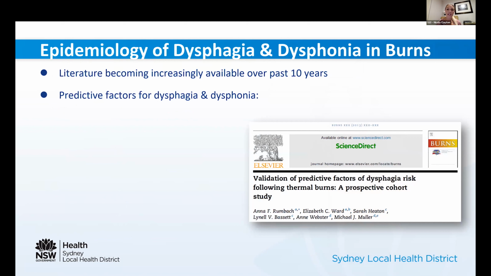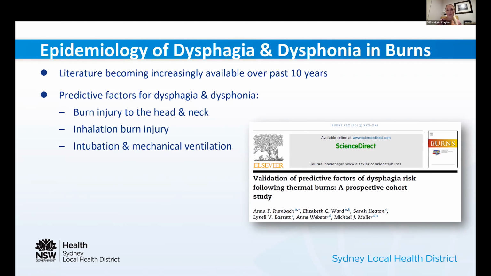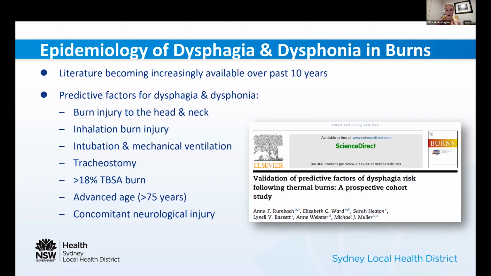So literature is becoming increasingly available over the past 10 to 15 years specifically, and we have predictive factors for both dysphagia and dysphonia in the adult burn patient. Burn injury to the head and neck region, the presence of inhalational burn injury, the presence of intubation and mechanical ventilation, tracheostomy, if they have a burn greater than 18% total body surface area, if their age is beyond 75 years, regardless of the location of burn, and if they have an associated neurological injury, all these things play a part and increase the risk of dysphagia and dysphonia in these patients.